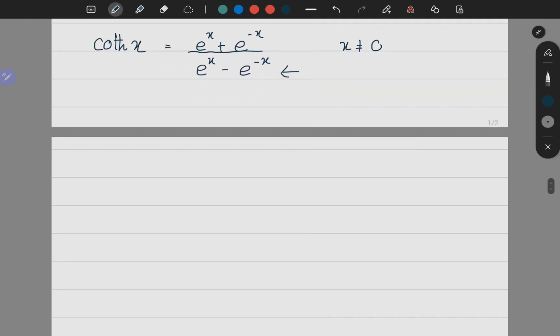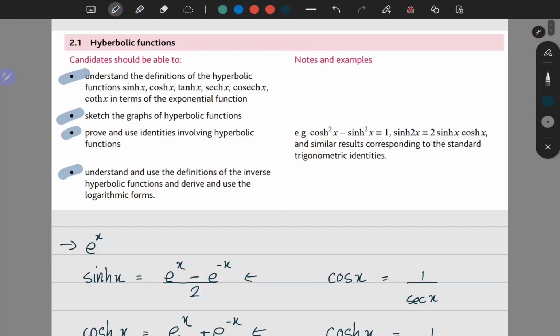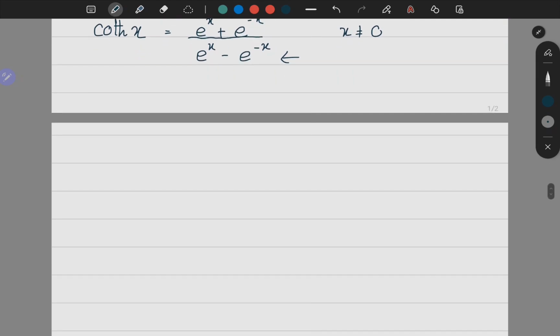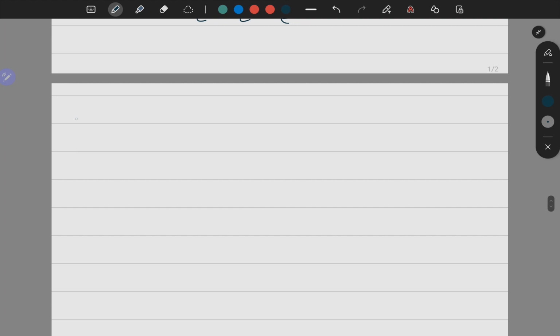All right, let's move on to the second point, which is sketching the graphs. But before we do that, you should try and see if you can solve some hyperbolic equations. Let's say I ask you to find sinh of 3. How would you do that?